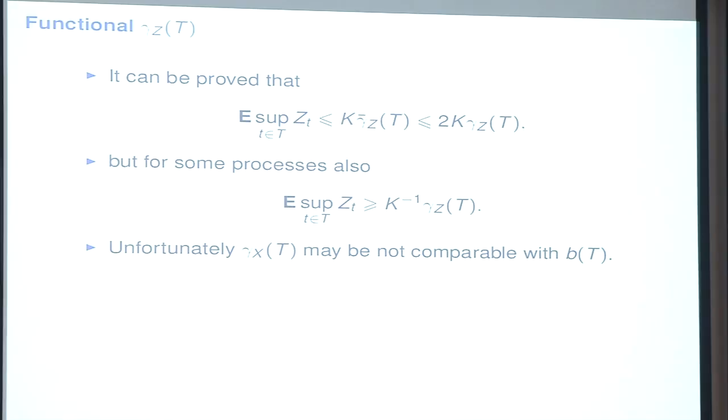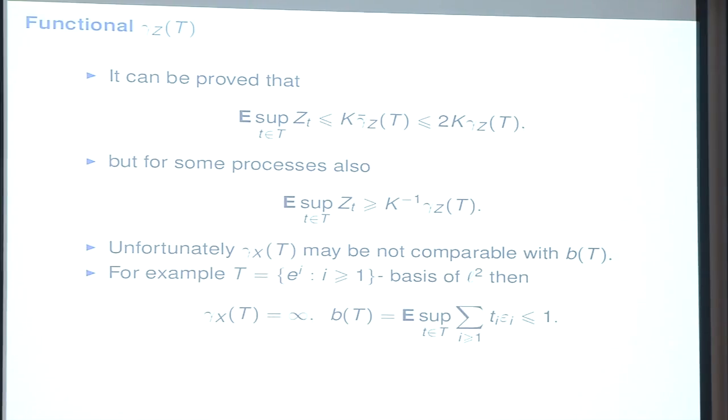But obviously, this simple form of gamma functionals cannot deal with any canonical process, and the simplest counterexample is for Bernoulli processes, because for Bernoulli processes it's good to use just the L2 ball, and if we use the L2 ball, then it will be clear that gamma must be infinity in the formulation I've stated, but the expectation of the supremum is definitely smaller or equal to 1.